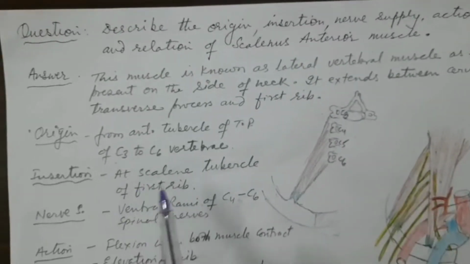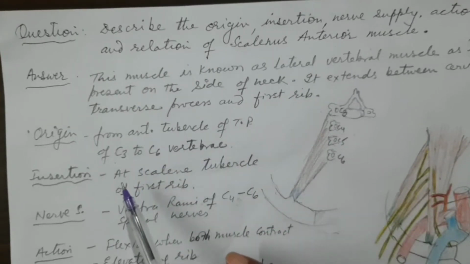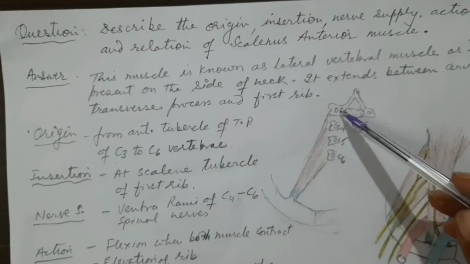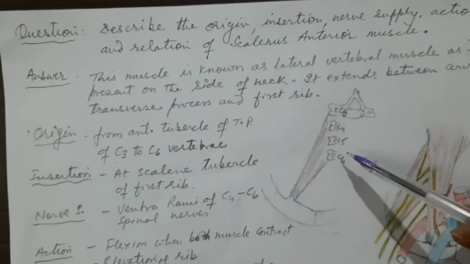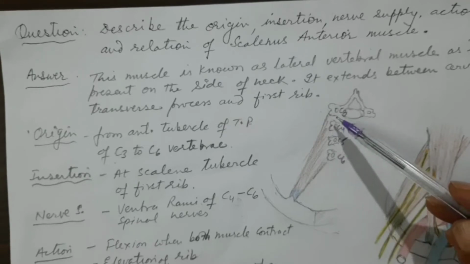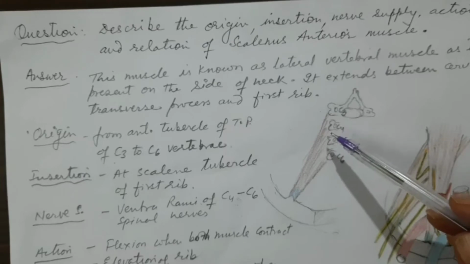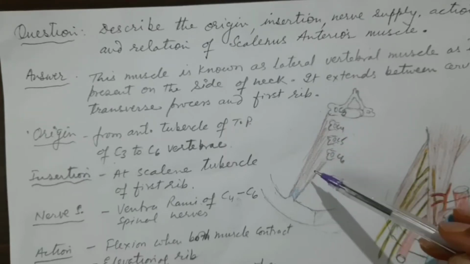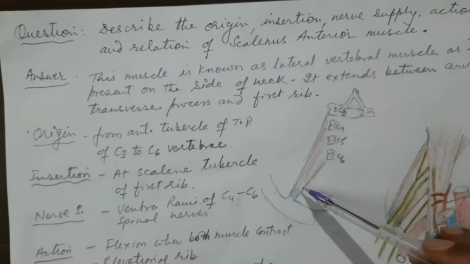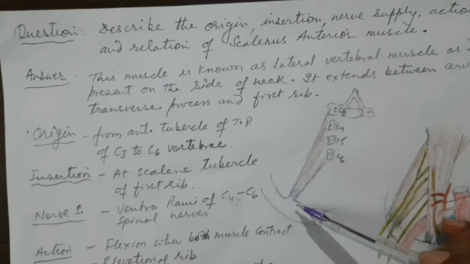So let us see the origin first. The origin of the muscle is from the anterior tubercles of the transverse processes of C3, C4, C5 and C6 cervical vertebrae. The fibers run laterally and downwards, and then they are inserted on the scalene tubercle of the first rib.